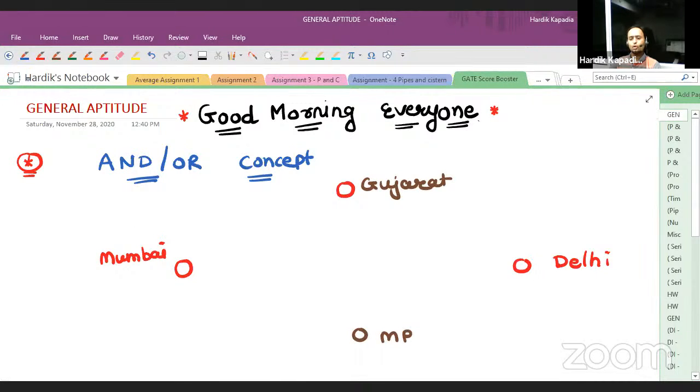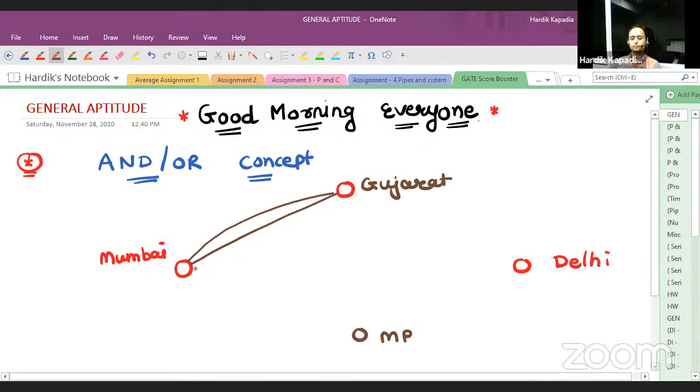So if you want to go from Mumbai to Delhi, you have to go to Gujarat first, and then only you can go to Delhi. Either you go from Mumbai to Gujarat to Delhi, or you go from Mumbai to MP to Delhi. There are three ways to go from Mumbai to Gujarat, and there are two ways to go to Delhi from Gujarat.